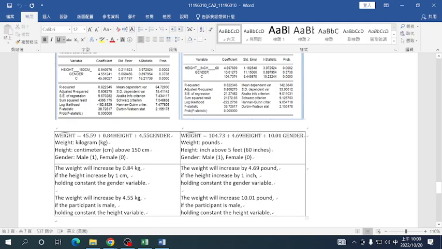So the result is the weight will increase by 0.84 kilogram if the height increases by 1 centimeter, holding the gender variable constant. And the weight will increase by 4.55 kilogram if the participant is male, holding the height variable constant. For the other one, we used pounds and inches. And this is the result.